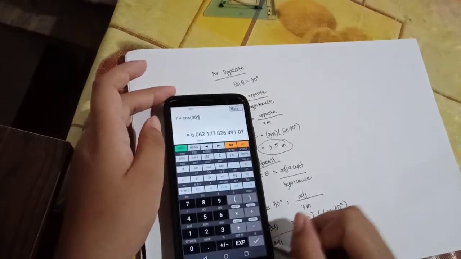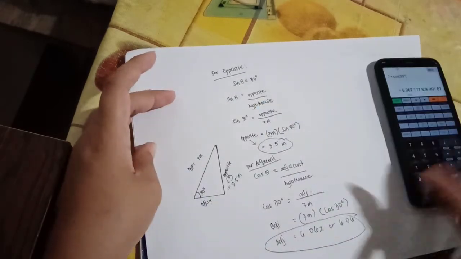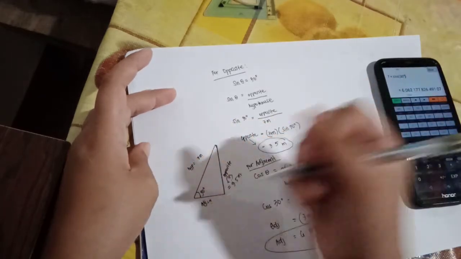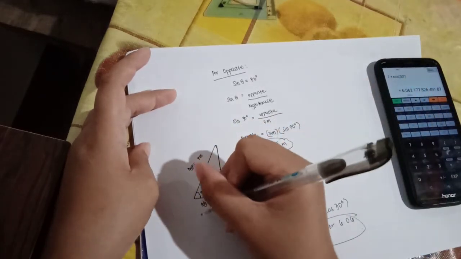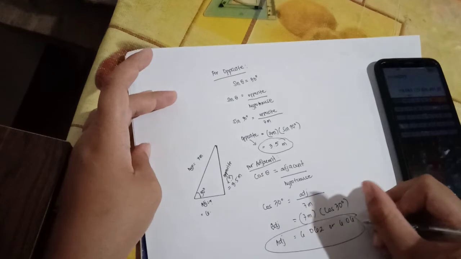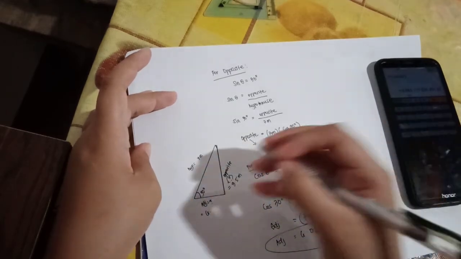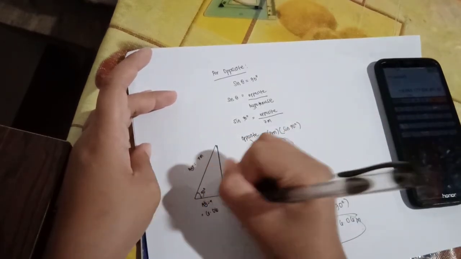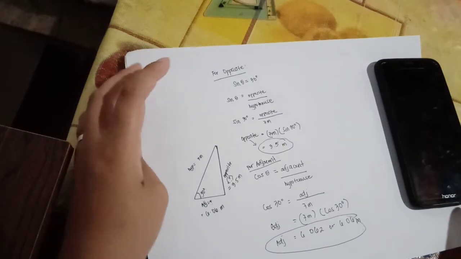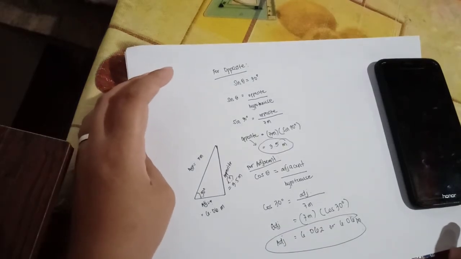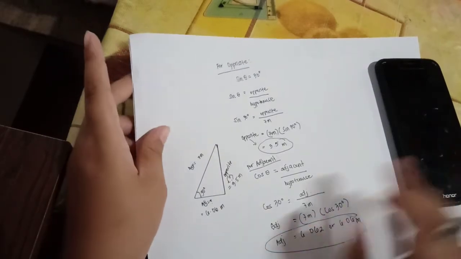So this is our new adjacent. We're going to put it here, and let's not forget the meters: 6.06 meters. So that is our adjacent now.